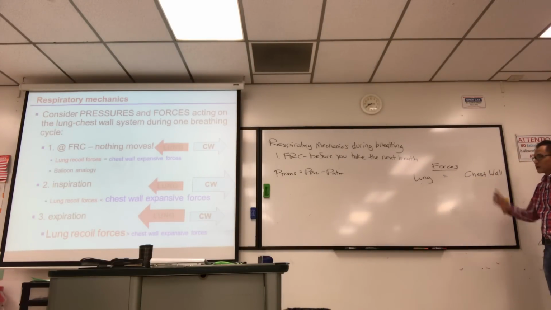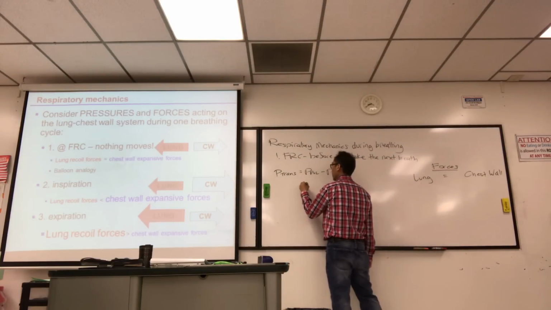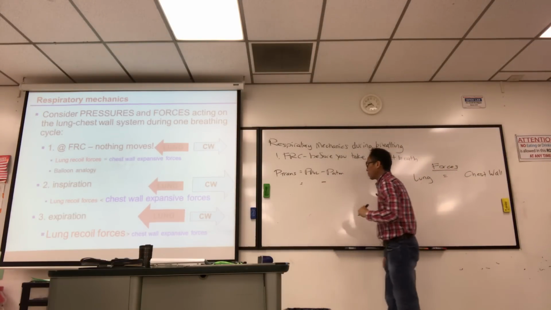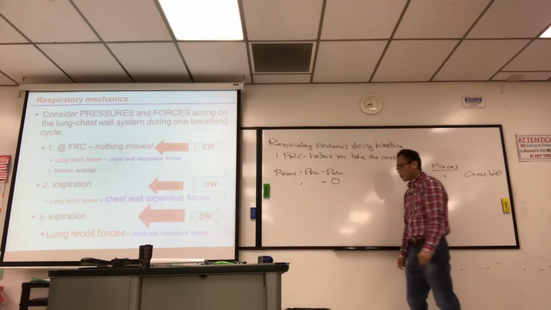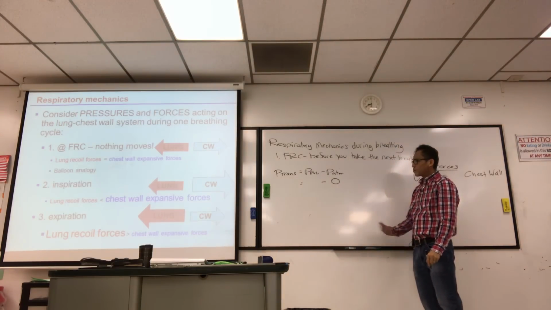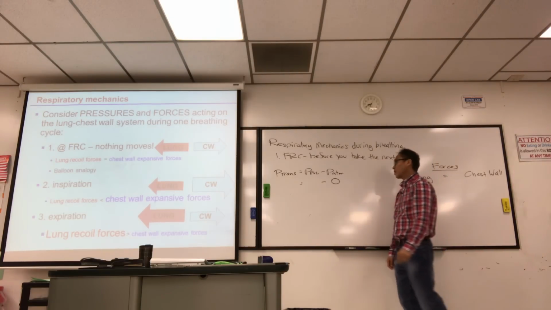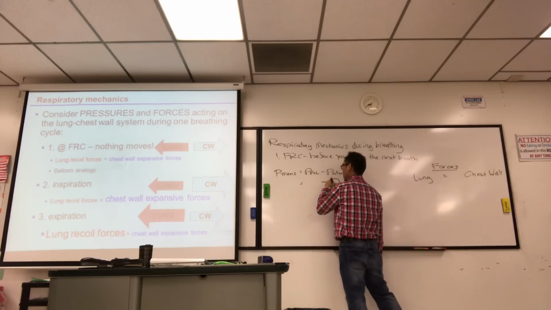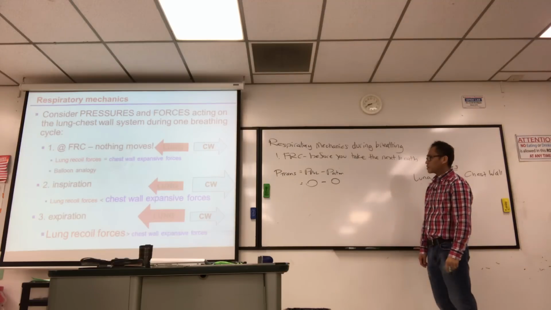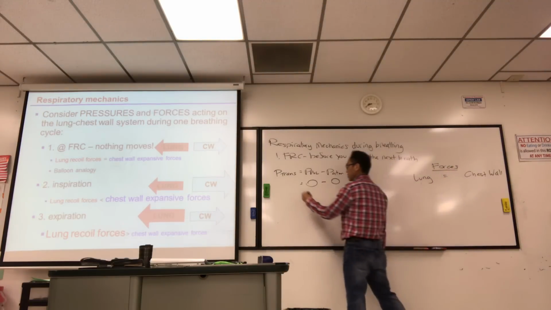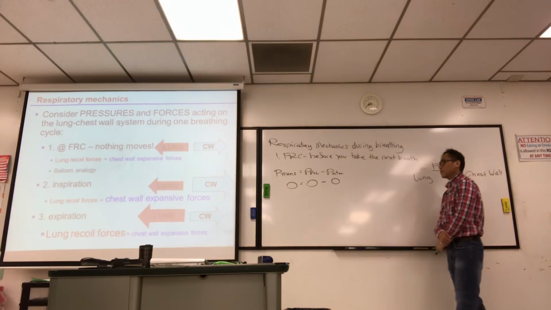In terms of P-trans, the pressure of the atmosphere is always going to be 0. I'm going to drop the units, the millimeters of mercury. Before you take the next breath, the pressure of the atmosphere is equal to P-pull. They're both 0. So the pressure across the whole system, P-trans, is 0 minus 0, which is 0, right?